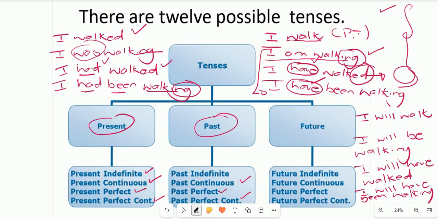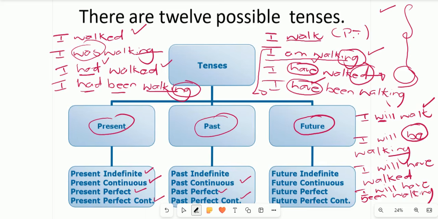Now let us look into actions that take place in the future. "I will walk." It's a future indefinite or future simple tense. Future continuous: "I will," then you add the auxiliary be, "I will be walking."